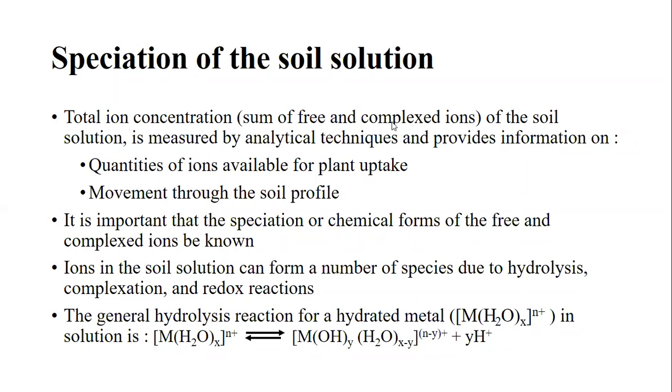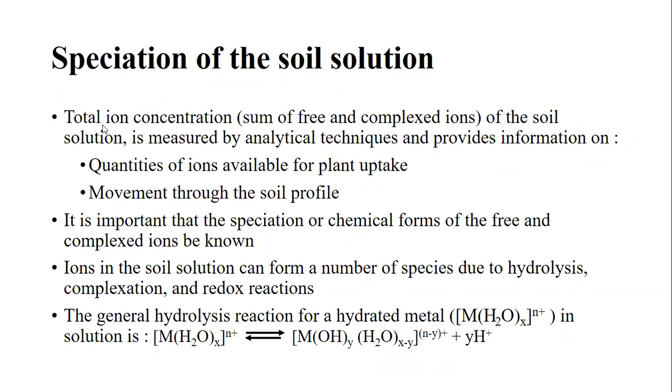It does not differentiate, so it gives you the total. So how do we find the different species? The total ion concentration is what we get from the laboratory. It involves everything, so it's measured by analytical techniques.